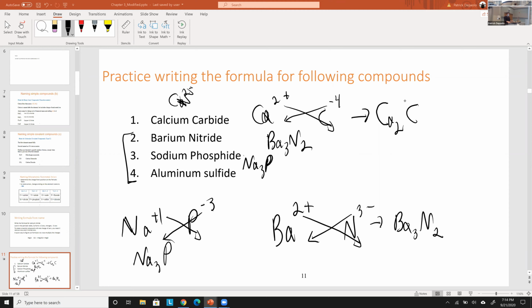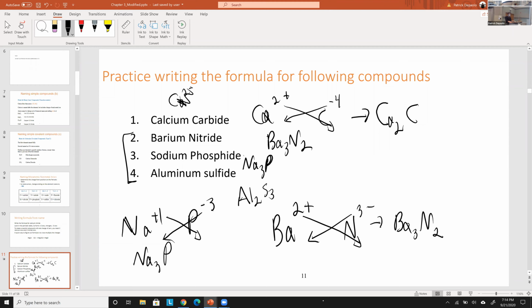Okay, aluminum sulfide. Anybody want to give this one a shot? Crisscross, we get Al2S3. Perfect. Crisscross works for everything except if it's 2 even numbers. In that case, you might have to reduce the fraction.